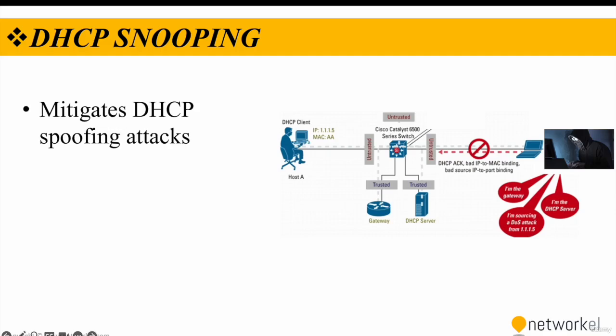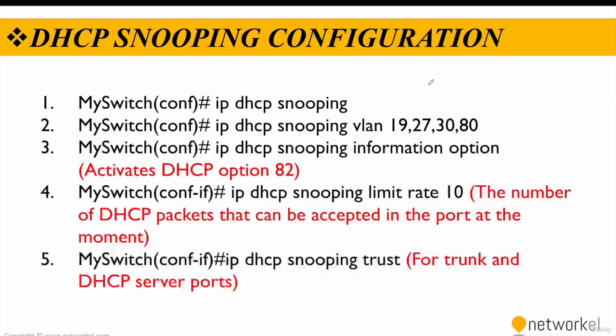When a DHCP client sends a request or receives an offer, DHCP snooping checks if the message comes from a trusted port and whether the DHCP server is authorized. If a DHCP message comes from an untrusted port or does not match the expected binding information, it is dropped or filtered out.